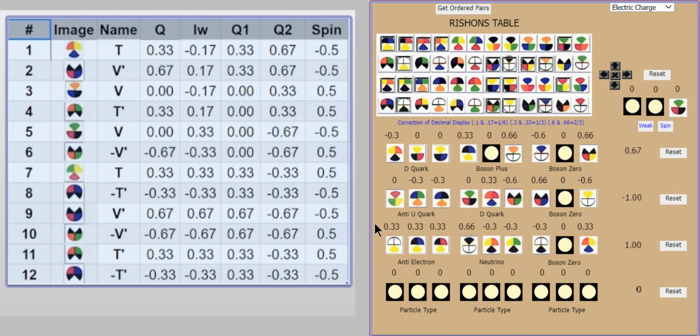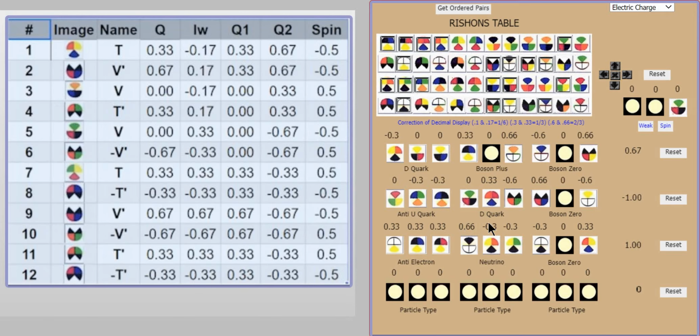Now, let us look at the decay products and see if we result with the same 2/3. First, the electric charge on the anti-U and the D-quark and this boson plus sum to 0.